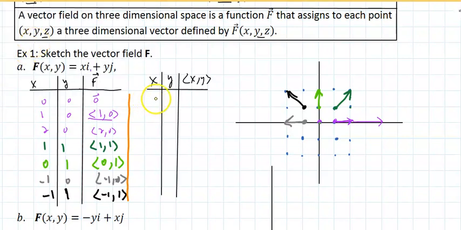If I go to (0, -1), it's repeating. So (-1, -1) and (1, -1). So this is dispersing in every direction.